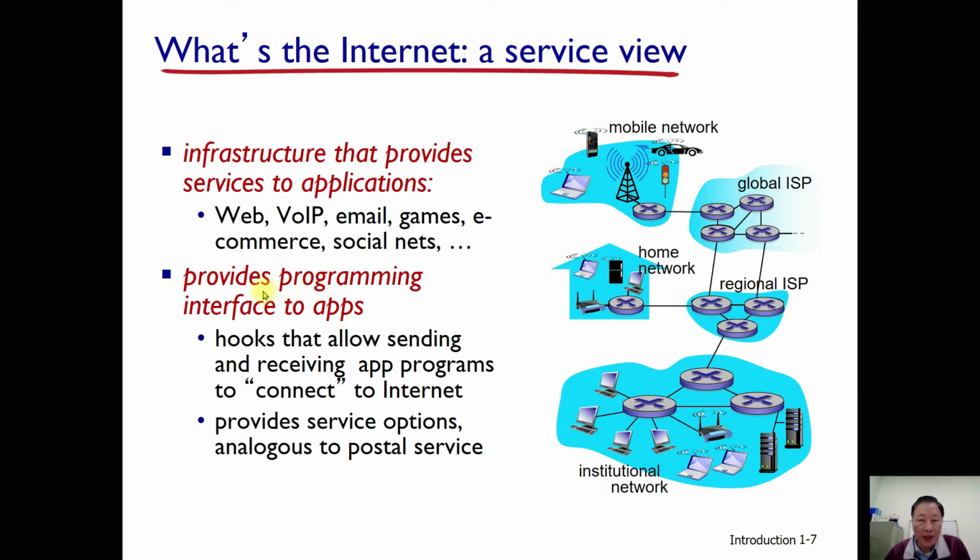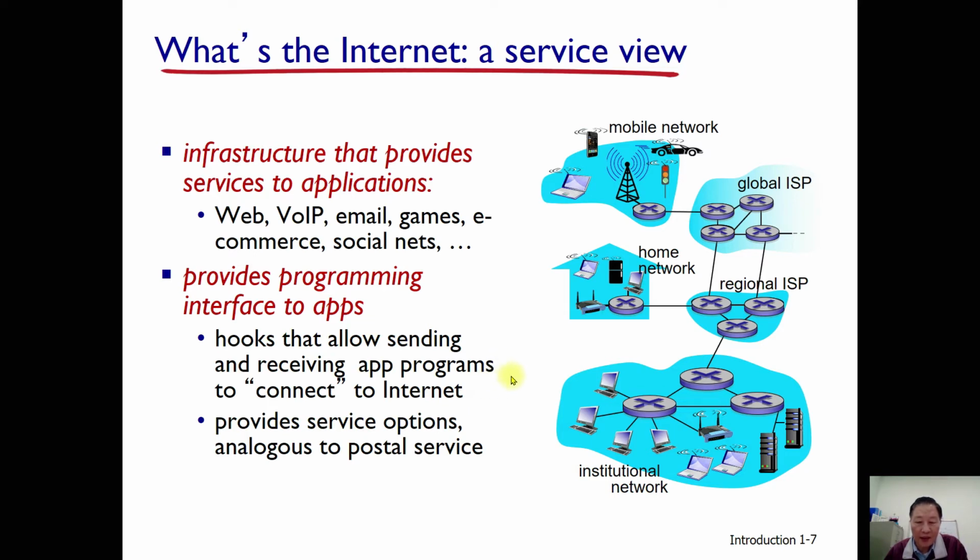And in terms of the service view, the internet is providing a programming interface to applications. This one is enabling the hooking. Thus, it provides hooks that allow sending and receiving application programs to connect to the internet.